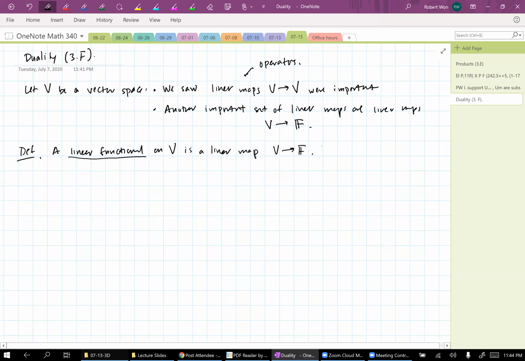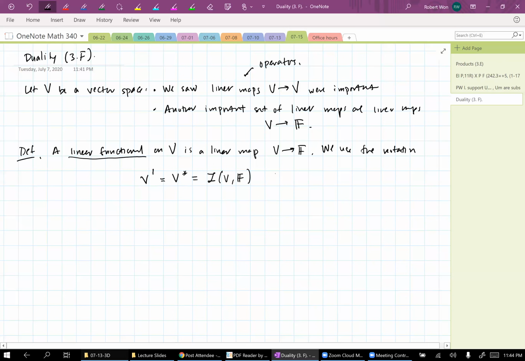Okay, but we use the notation V prime. Your book uses V prime, but you'll also commonly see in the world V star. So I will stick to primes most of the time unless the star is clear for some reason, which we'll see in a second. And this is just the set of all linear maps from V to F.